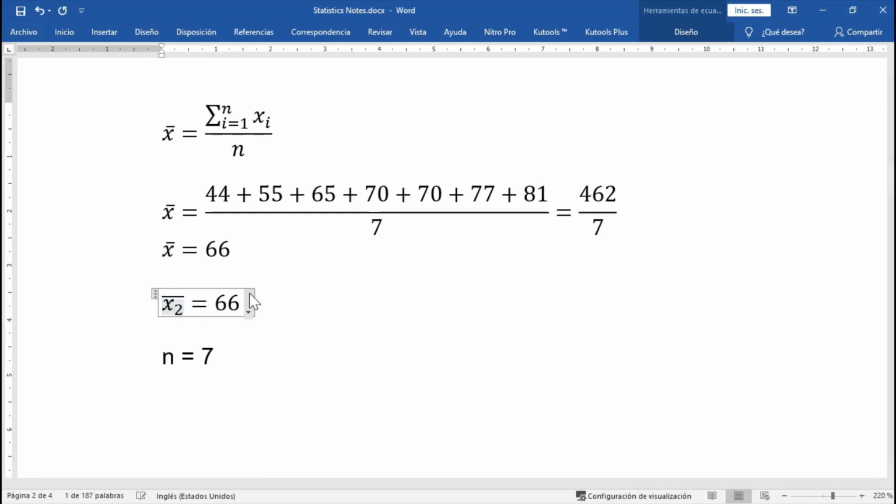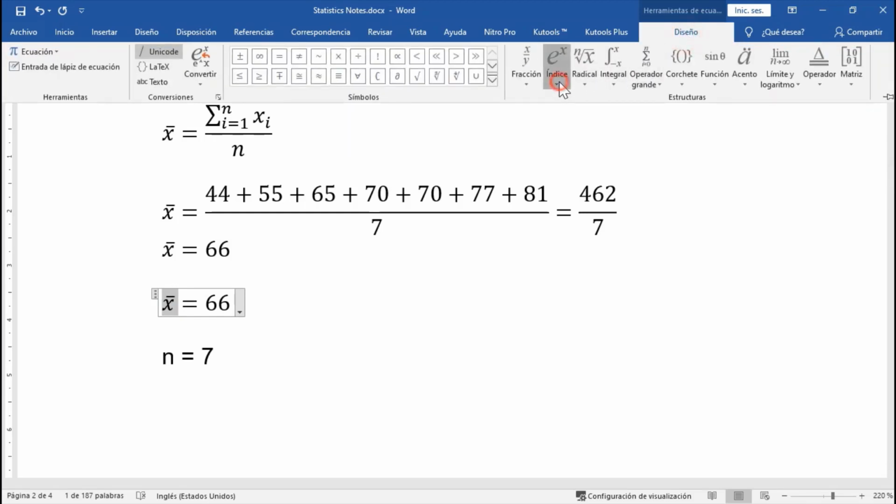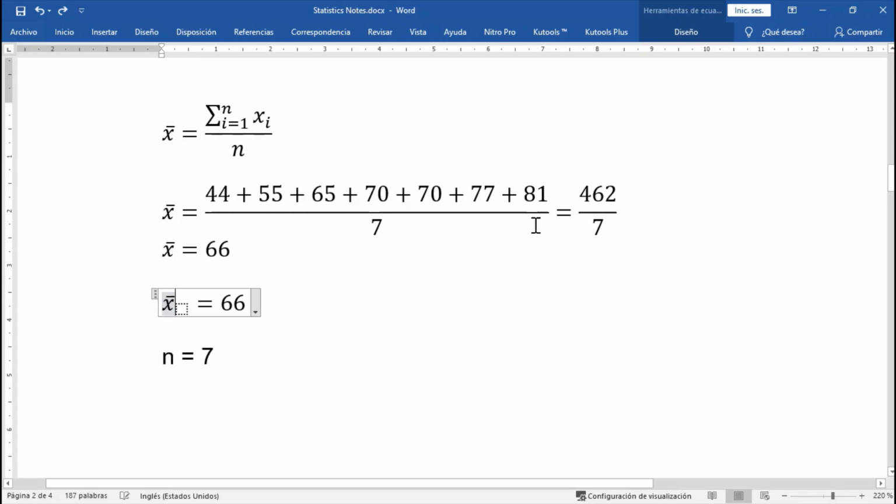I don't like how it looks. Do it to everything. There we go. Now, I am not going to make that calculation on the screen, but you can do it in your calculator.